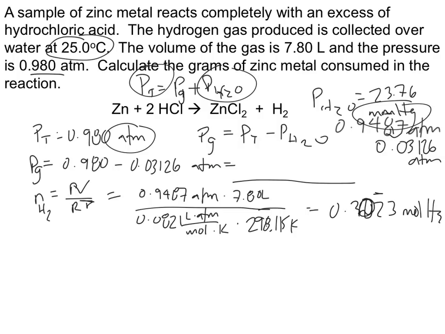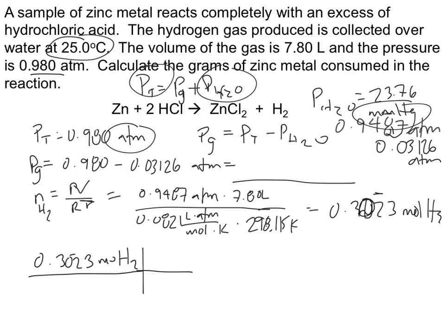Now, they are not asking for moles of H2. They're asking for grams of zinc. So we're going to have to use a mole ratio to go from moles of H2 into moles of zinc, and subsequently from moles of zinc to grams of zinc. So we have our 0.3023 moles of H2, and then we need our mole relationship between H2 and zinc.